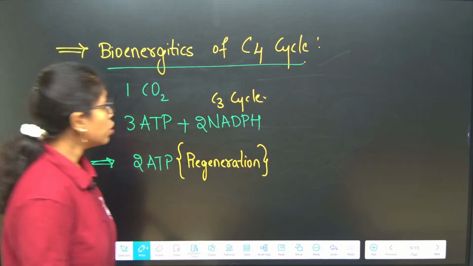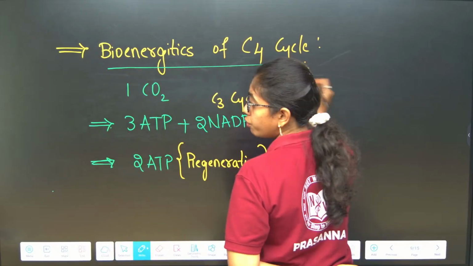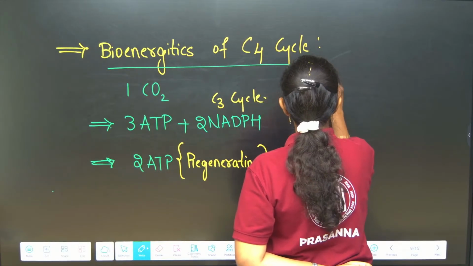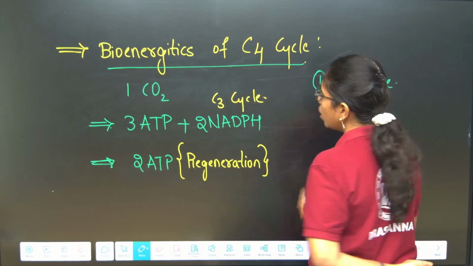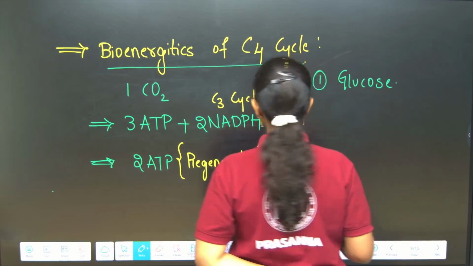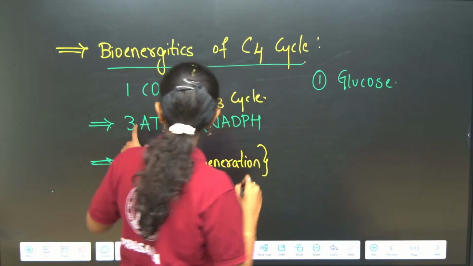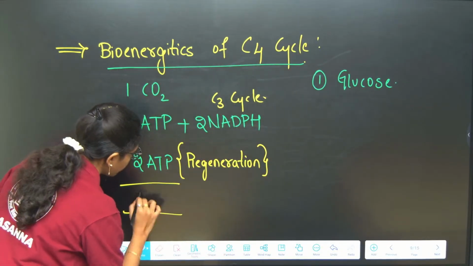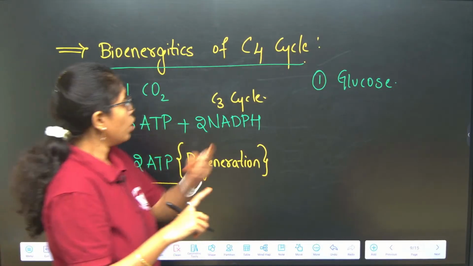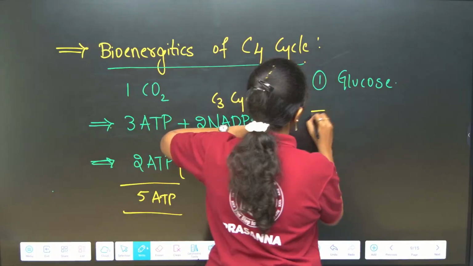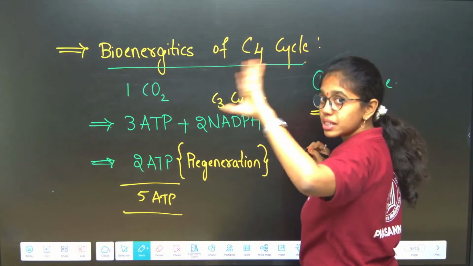Clear, right? So, here as such, to form 1 glucose molecule, how much ATP will be utilized? For 1 carbon dioxide fixation it is 5 ATP. To form 1 glucose, we all know how many cycles have to turn? 6 cycles.